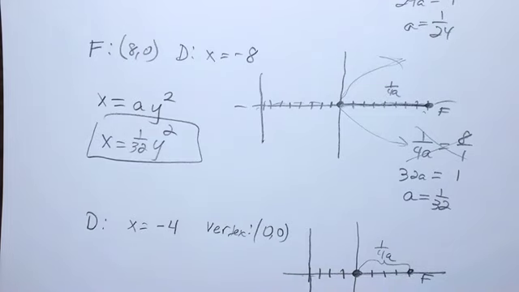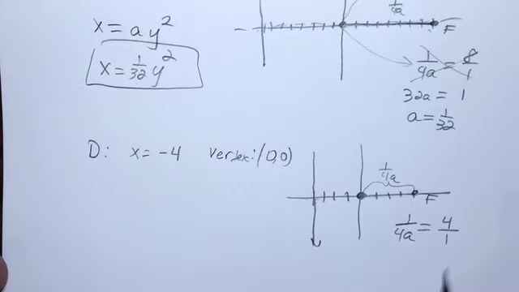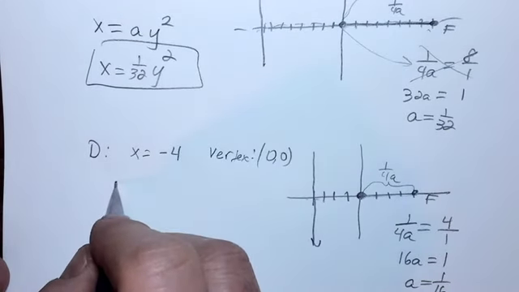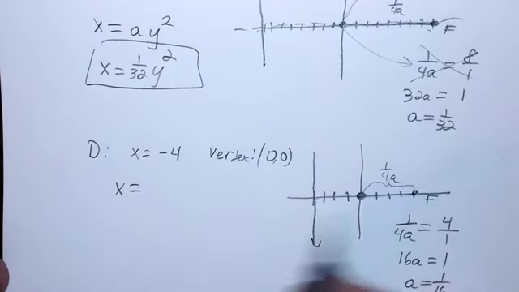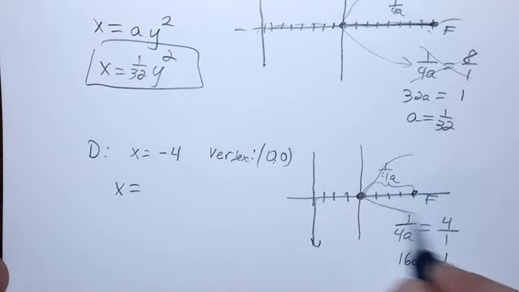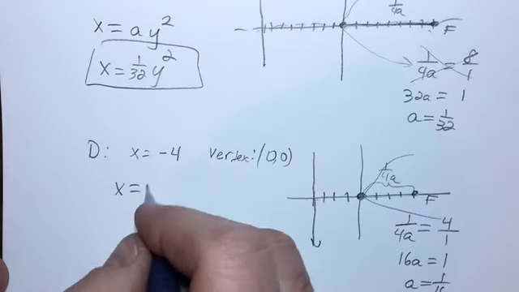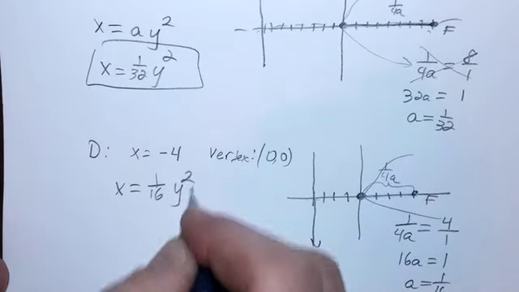So 1 over 4a, this distance right here, is equal to 1, 2, 3, 4. Cross multiplying, 16a equals 1, a equals 1/16. So my equation is x equals, because it opens sideways. We know that as a fact. So x equals 1/16 y squared.